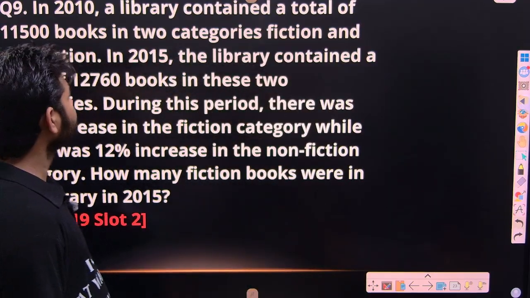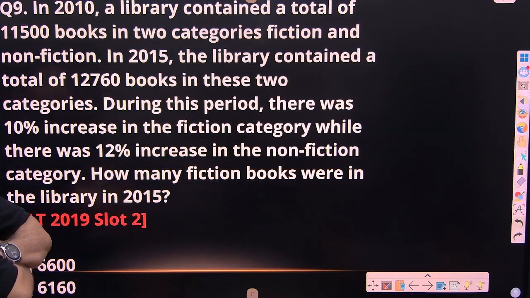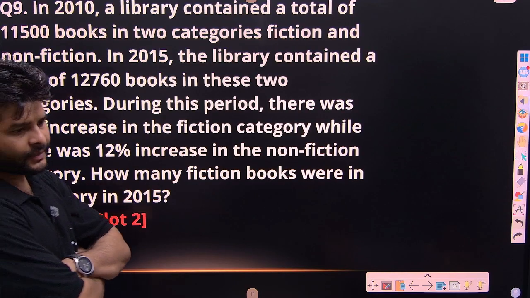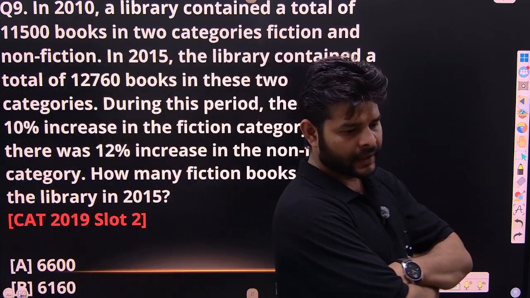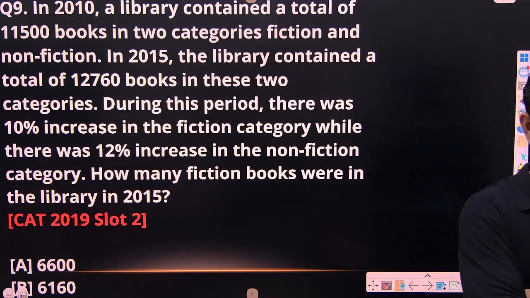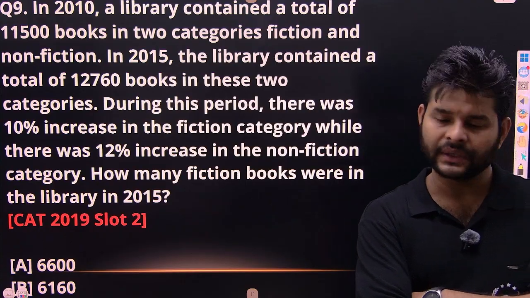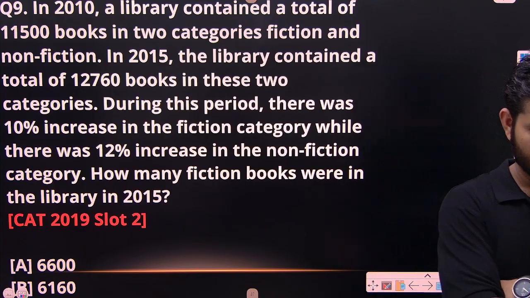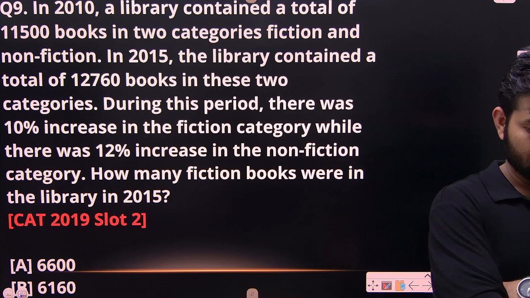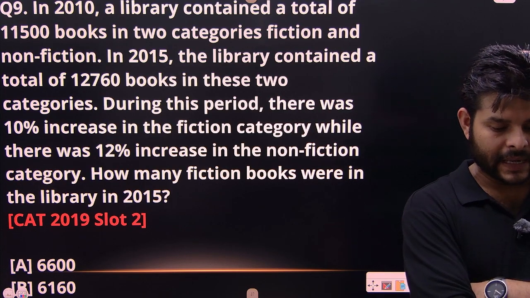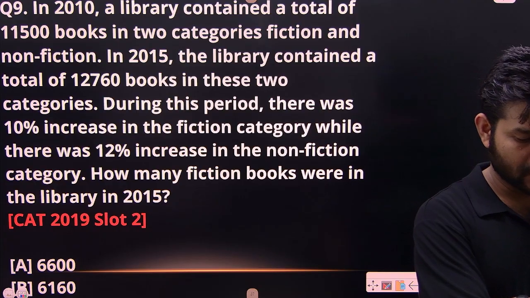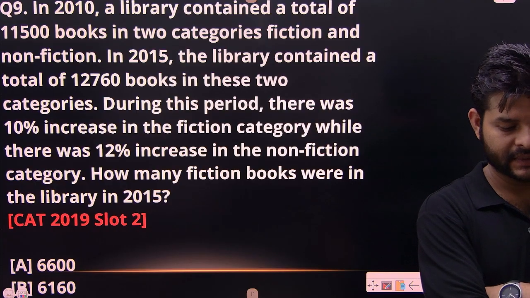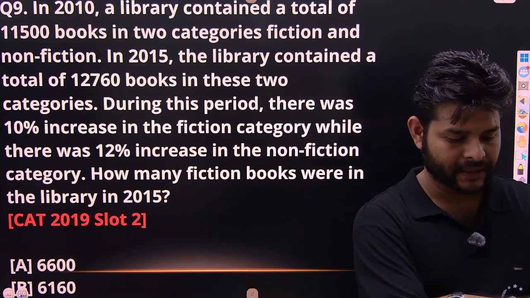In 2010 our library contained a total of 11,500 books in two categories, fiction and non-fiction books. Got it? In 2015, the library contained a total of 12,760 books in these two categories.